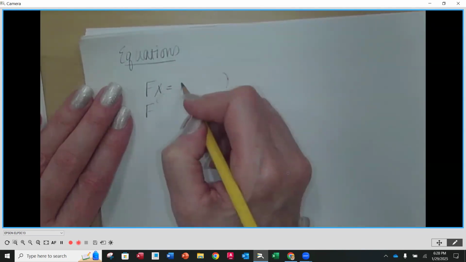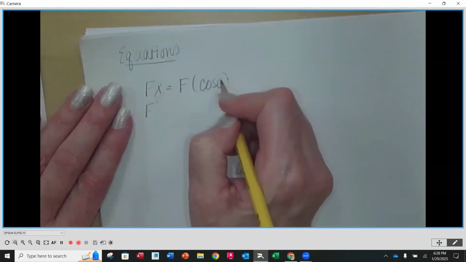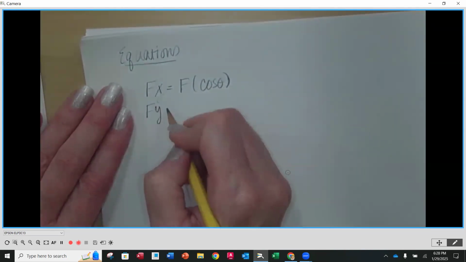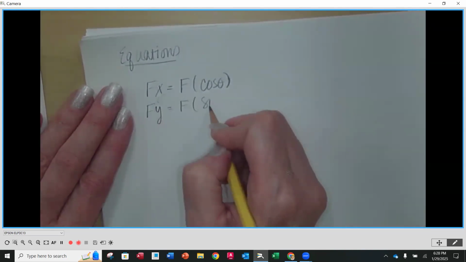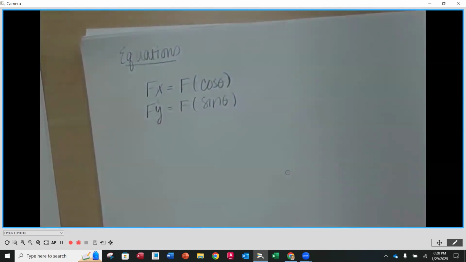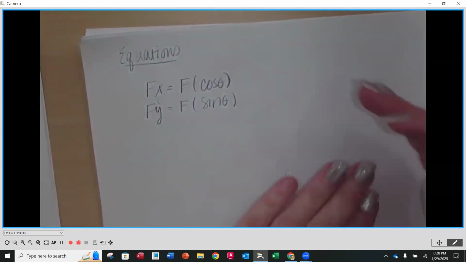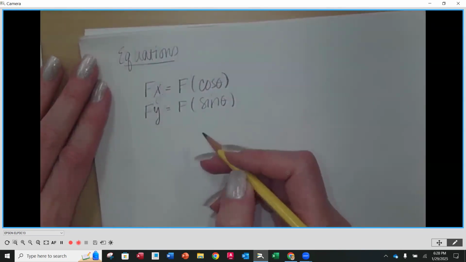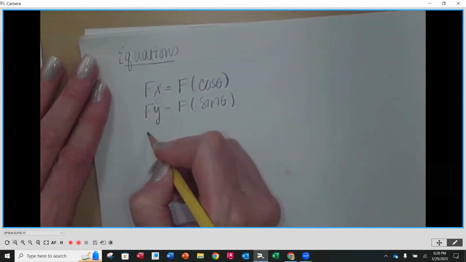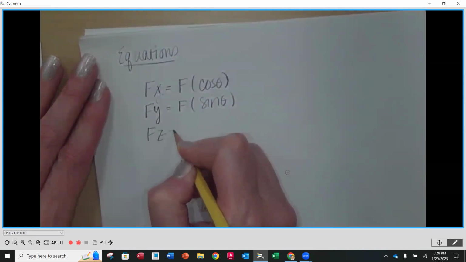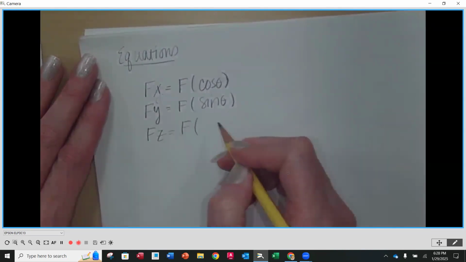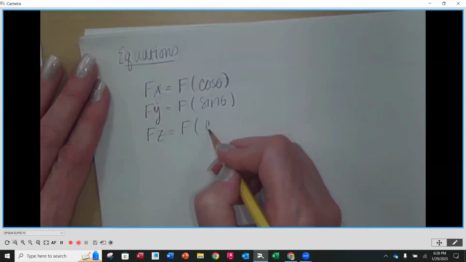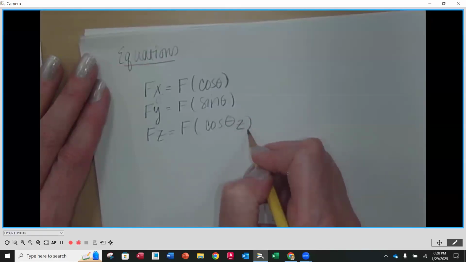Fx is going to be equal to F times the cosine of theta. And we know that Fy is F times the sine of theta. The Fz is then going to be F times the cosine of theta z.